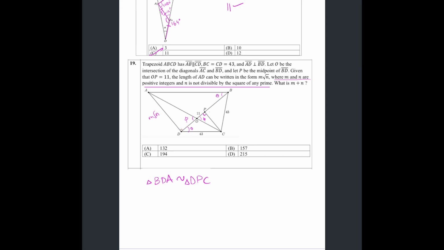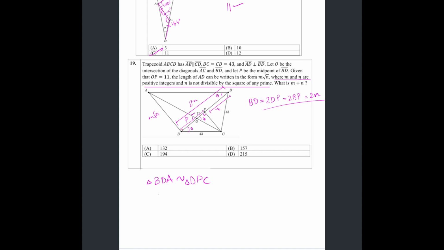And we can also say that because P is the midpoint, if this length here is x, this whole length is 2x, right? And this length here, DP, is also x, right? What we're saying is that BD is equal to 2DP is equal to 2 times BP is equal to 2x, right?